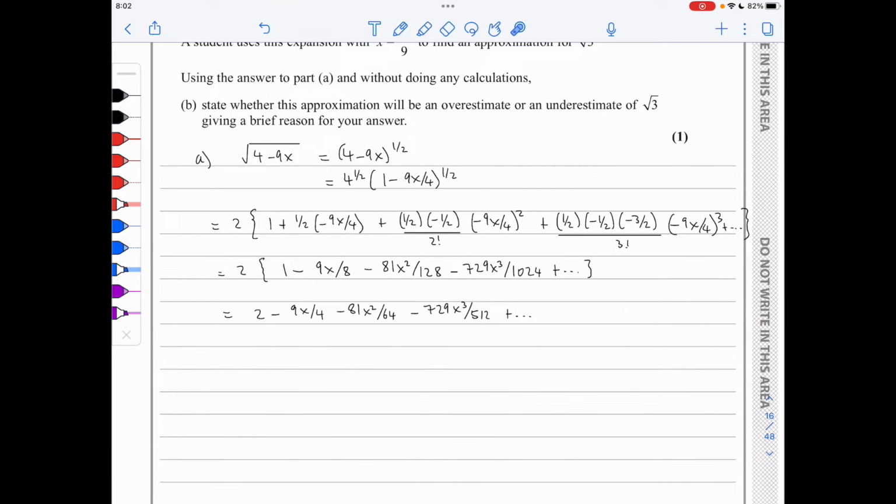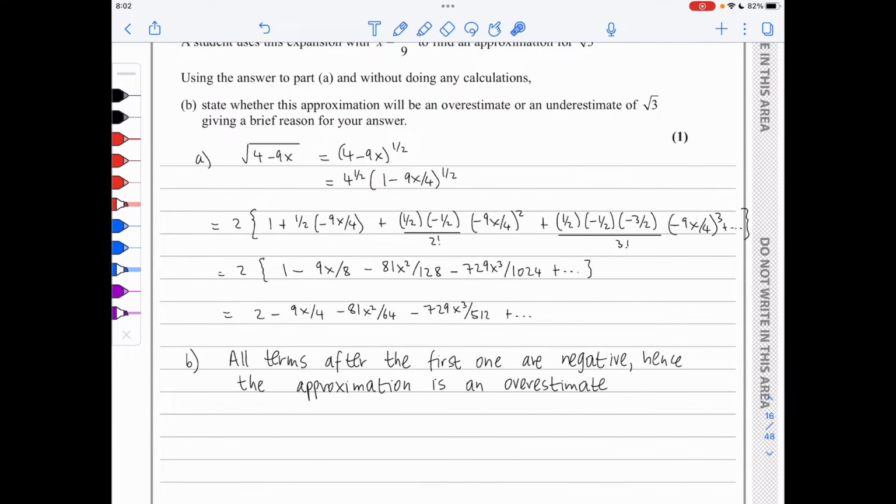So just using the first 4 terms here means that I'm having an overestimate because the terms that are omitted here will make the actual value less. So we conclude that all terms after the first one are negative, and hence the approximation is an overestimate.